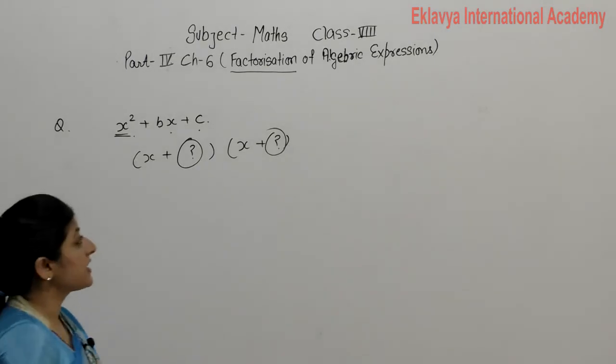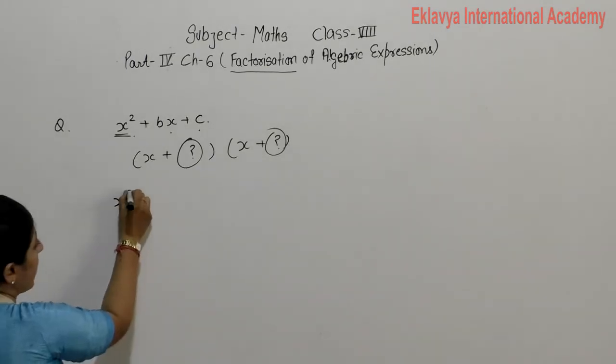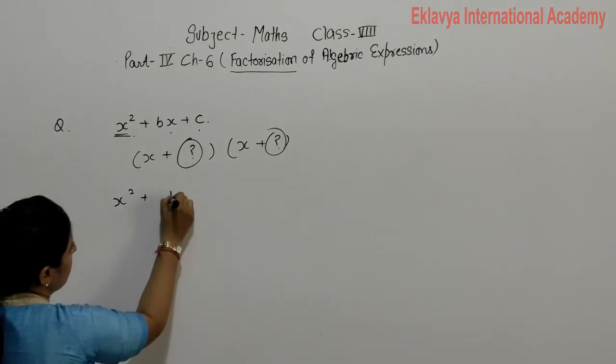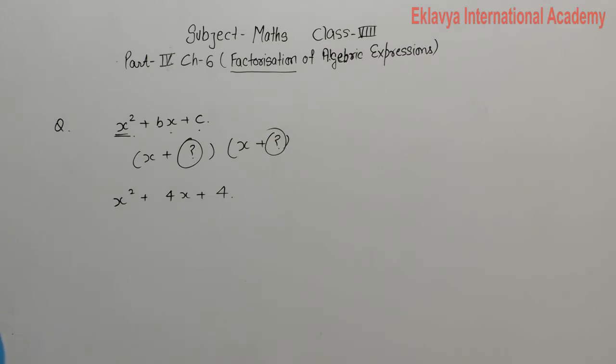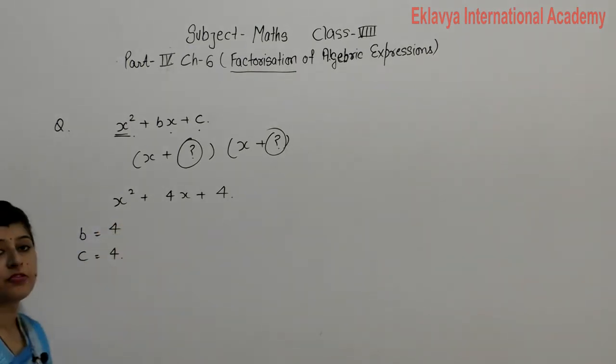We are taking one example. Suppose x square plus 4x plus 4. Then how to solve? If you compare, what is the value of b here? b is equal to 4 and c is also equal to 4.